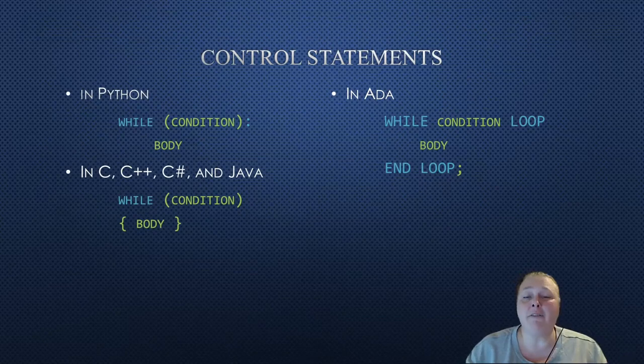That's how C and Java indicate that those are the steps that are going to be looped with that while, or grouped with that while. In ADA here, you have another keyword, loop, and then you've got the words end loop with a semicolon. Again, in the end, the structure, the pseudocode, those are going to be the same. It's just the implementation of it depends on which programming language you are using.